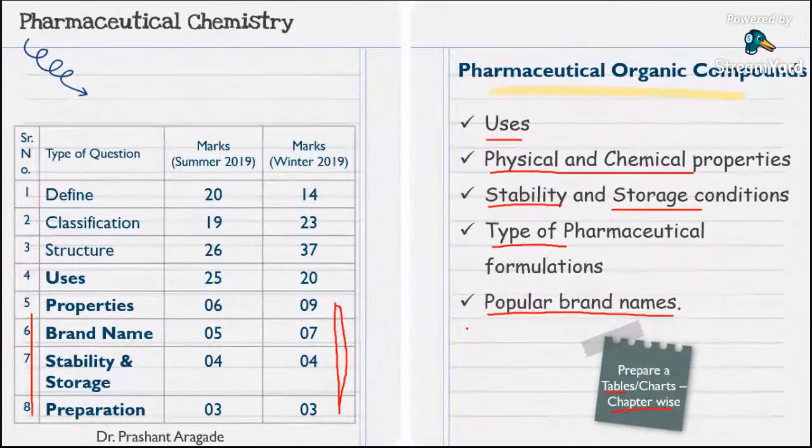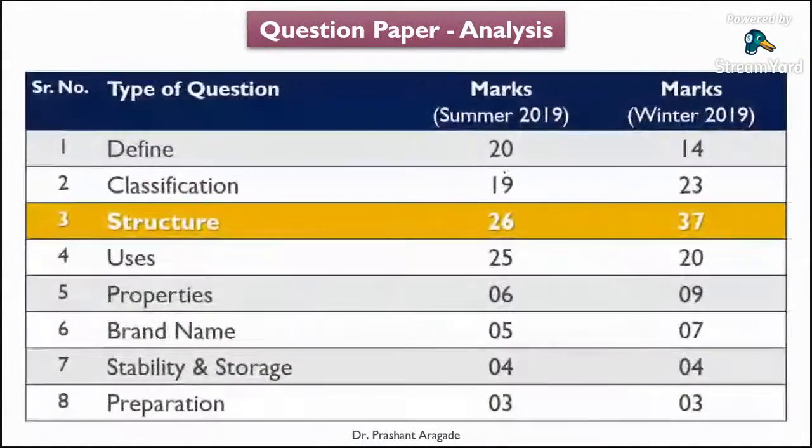Because if you have good knowledge, definitely you will be successful in your career. So the suggestion here is that you prepare tables containing serial number, name of drugs, uses, physical and chemical properties, types of pharmaceutical formulations, and popular brand names.